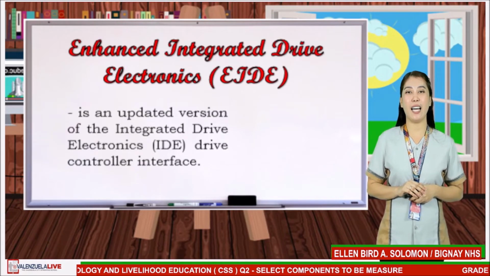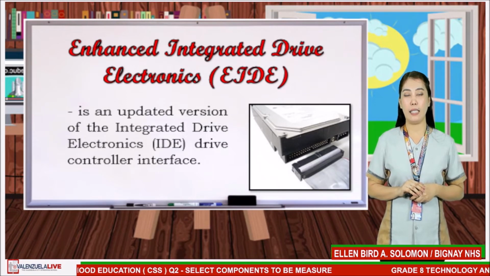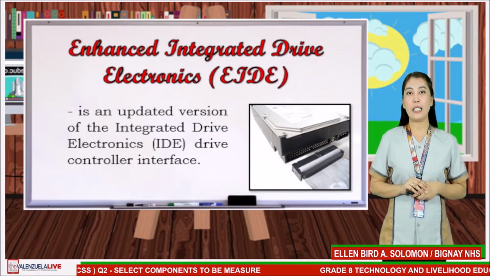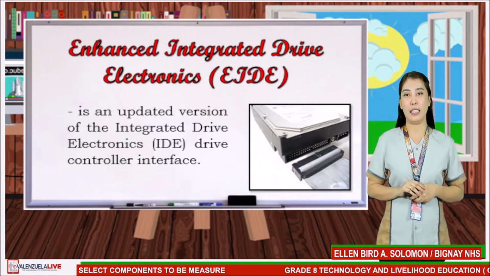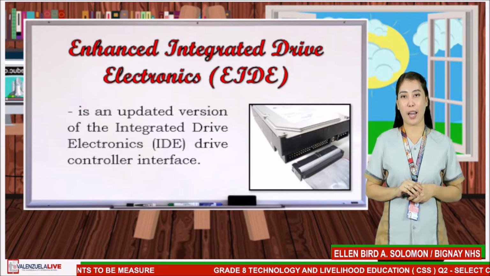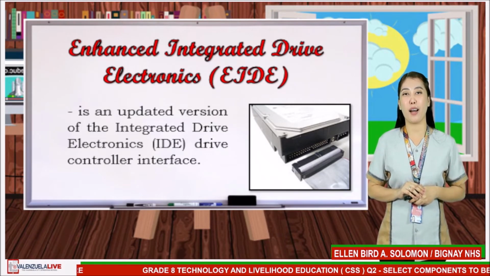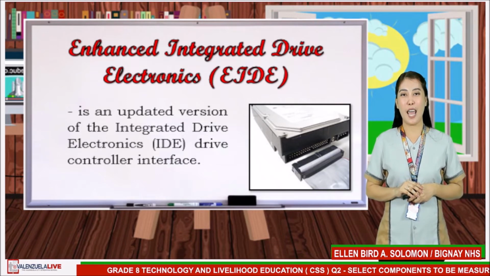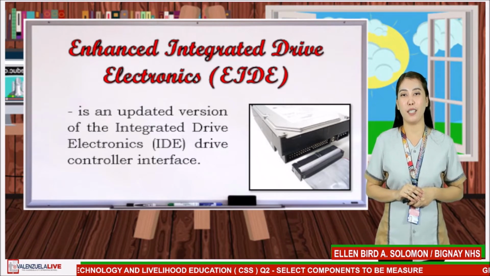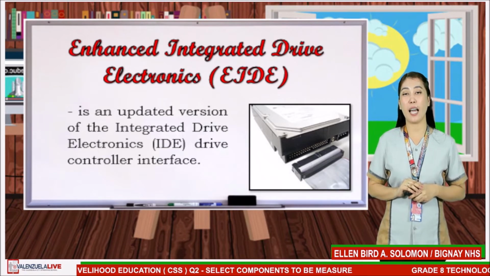Next is Enhanced Integrated Drive Electronics or EIDE, also called ATA2, an updated version of the IDE drive controller interface. EIDE supports hard drives larger than 512 megabytes, enables direct memory access for speed, and uses the AT Attachment Packet Interface to accommodate optical drives and tape drives on the EIDE bus.